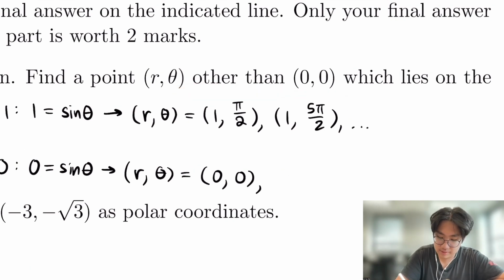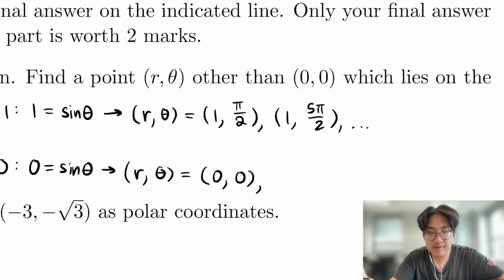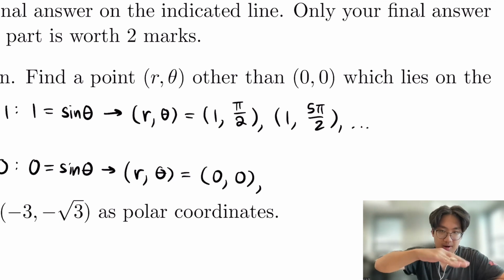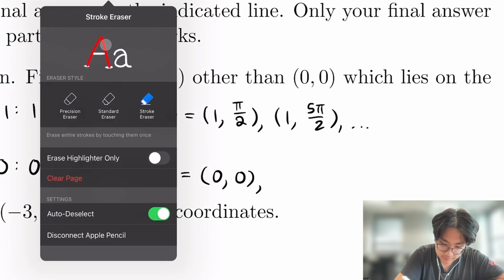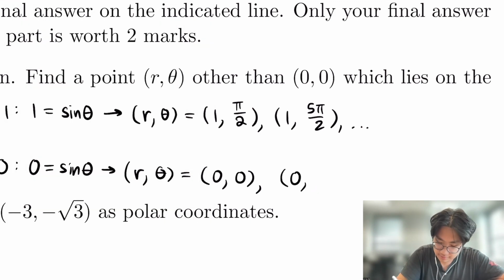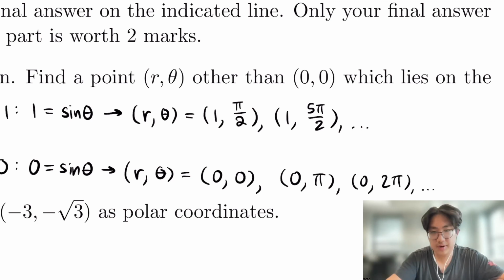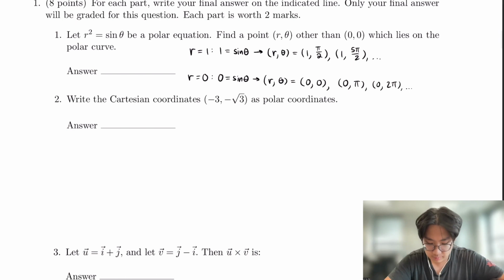Sine of an angle is equal to 0 for 0, pi, 2 pi, etc. So you have 0, pi, 0, 2 pi, and so on. This question is pretty straightforward, just keeping in mind that polar coordinates have many representations.